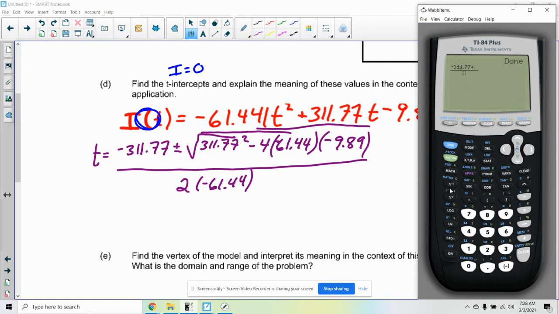Plus the square root of 311.77 squared minus 4 times negative 61.44 times negative 9.89, all over 2 times negative 61.44. So if you do it right, we should get 0.0319.